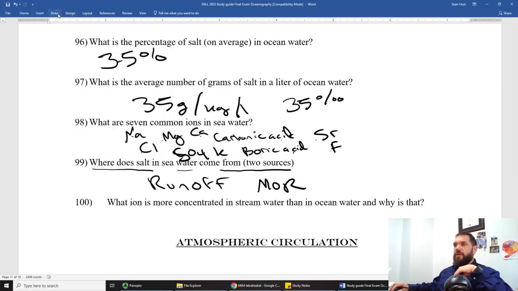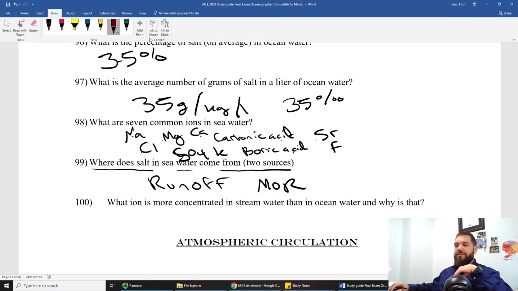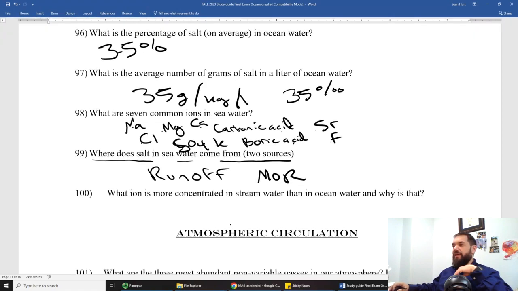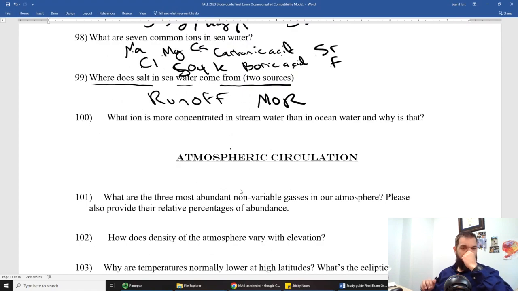Okay, anyway, what ion is more concentrated in stream water than ocean water? That component that we studied is SiO4, or silica. So that's it.